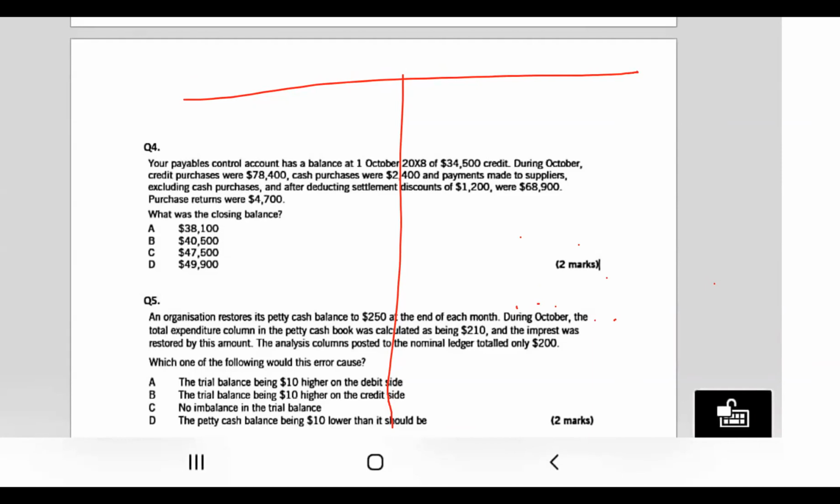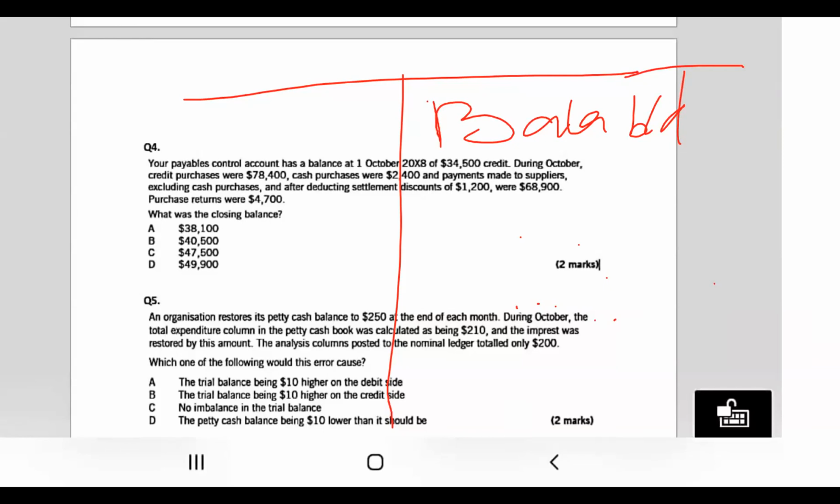Usually the balance brought down for the payables control account is on the credit side. You owe people that same amount, which is the balance brought down. Then to what you owe them, this is just a format, you have to add the credit purchases.